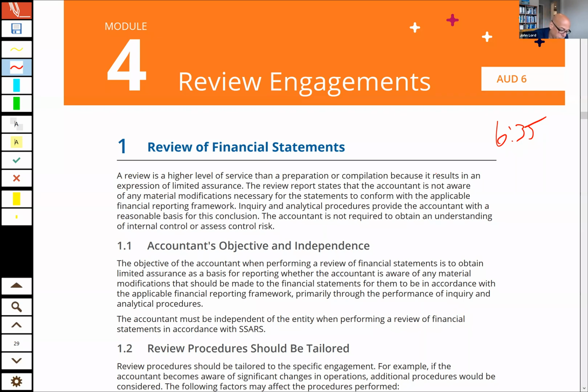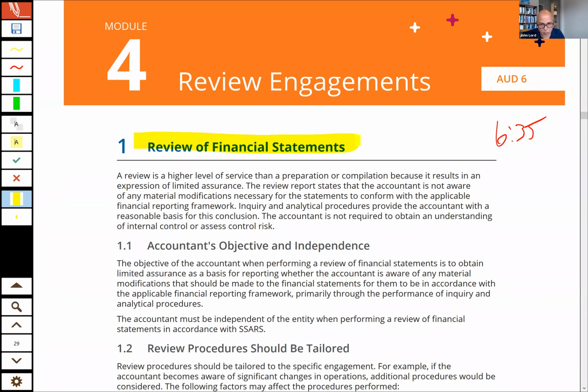Now, remember with the review engagement, as we move up the food chain here, we're going to issue a report. That report is going to contain assurance. It is not as high a level of service as an audit, because in an audit, we give positive assurance: in our opinion, the financial statements are fairly prepared.